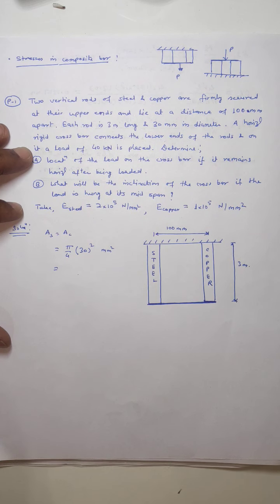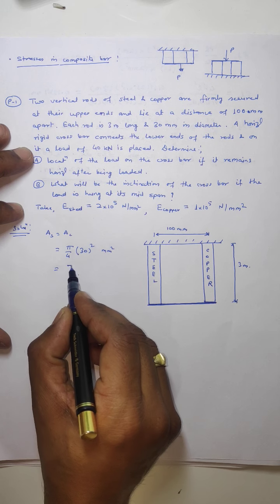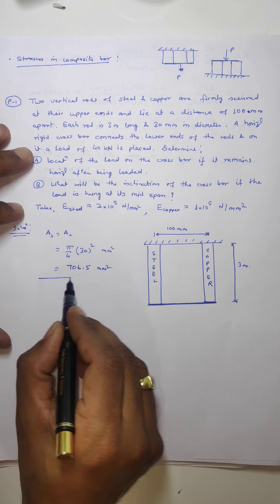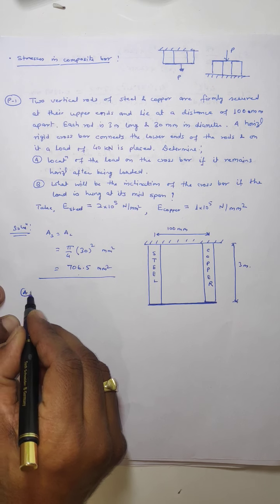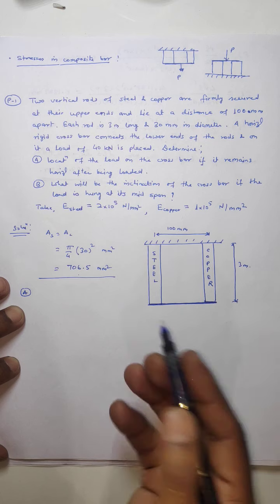By solving it, we will have a value 706.5 mm square. Keep it in mind. Now we'll start the first part, location of the load on the crossbar, so that it remains horizontal.